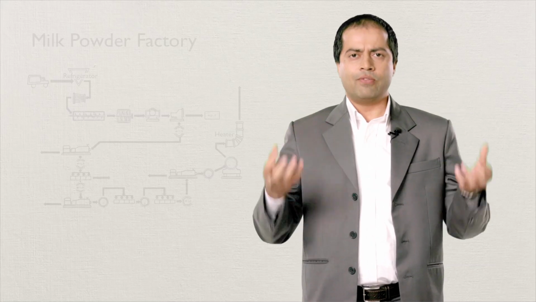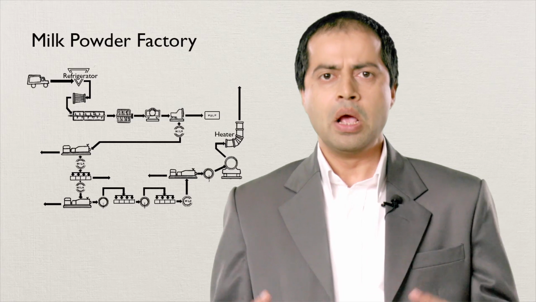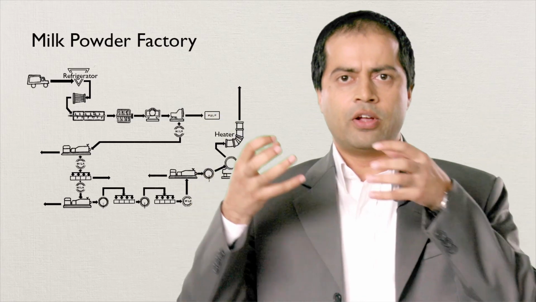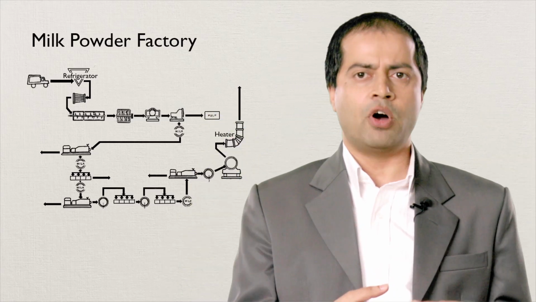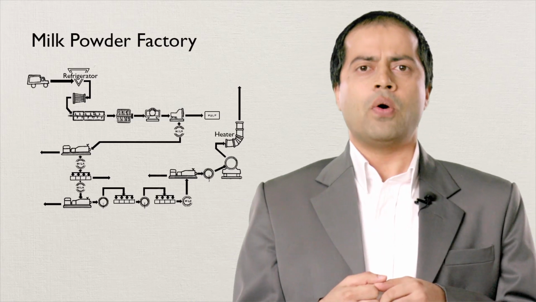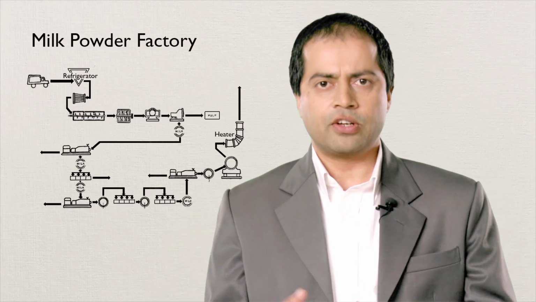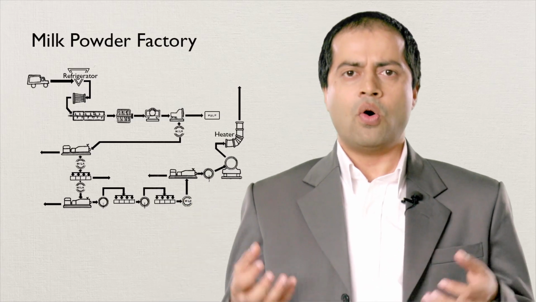Here is an example of a milk powder factory. Throughout the production process chain, multiple motors, refrigerators, heaters, and pumps are used. During an energy audit, we examine the efficiency of each component. In the next step, we look at the whole system.